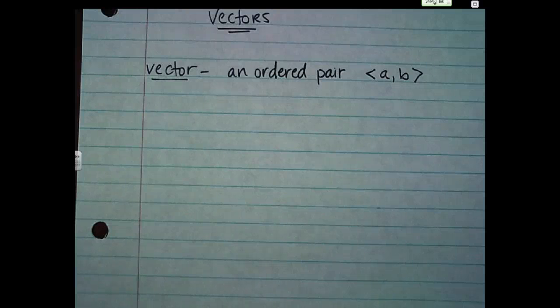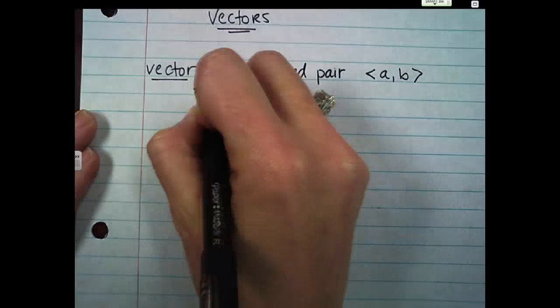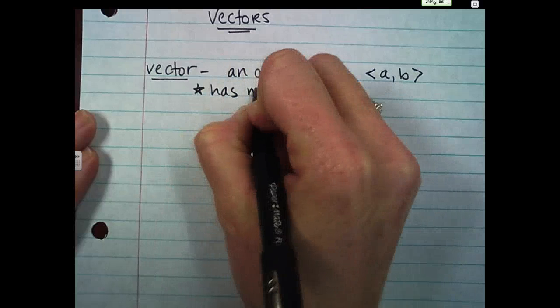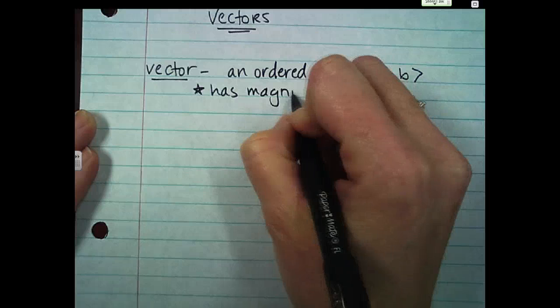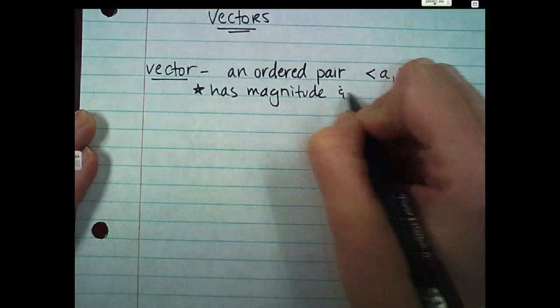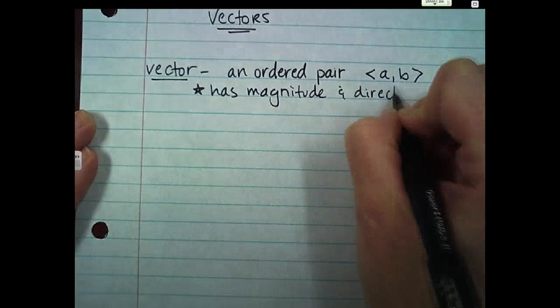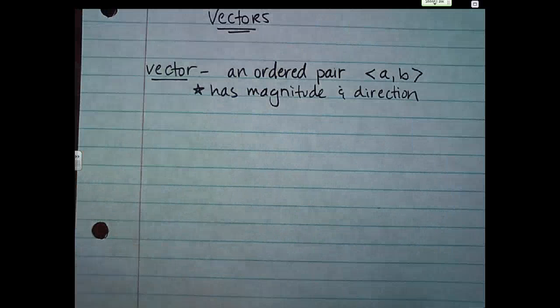A vector measures two different things, okay? It actually measures magnitude and direction, okay? Right, so it's got both magnitude and direction.